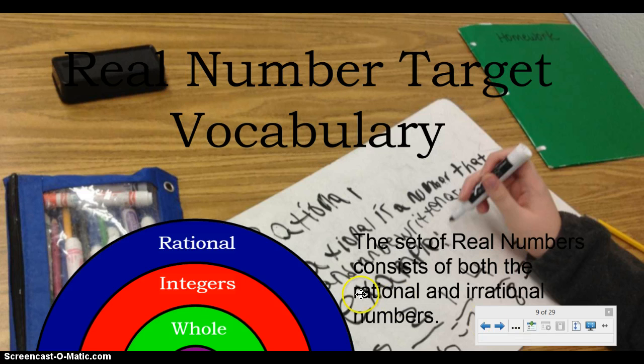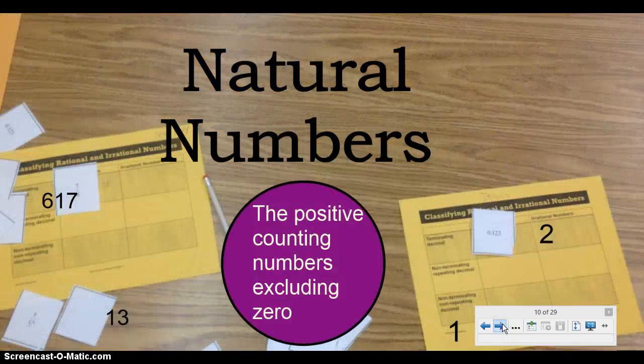Number target, once again, we use the numbers in the real number system, and students practice the vocabulary for this particular session. In the backdrop, you actually see students working on some of the assignments that we use during this unit.